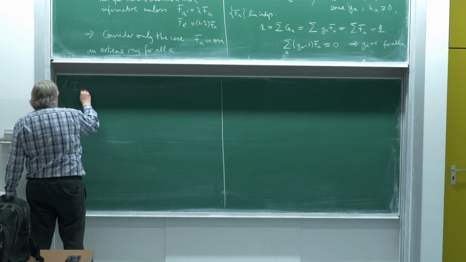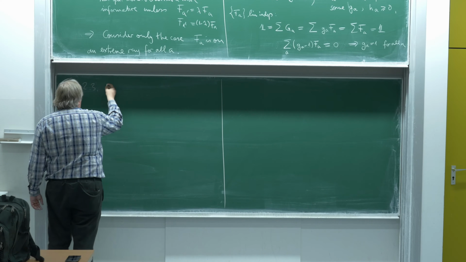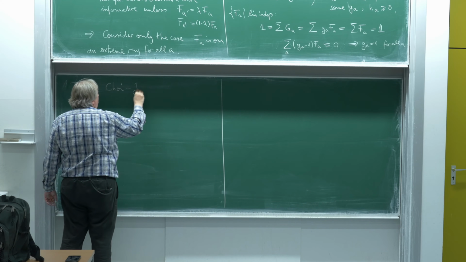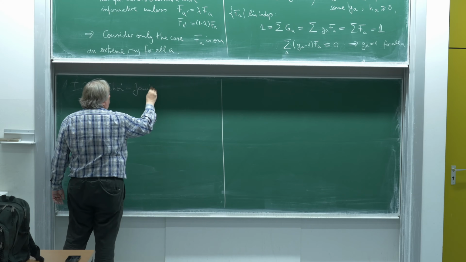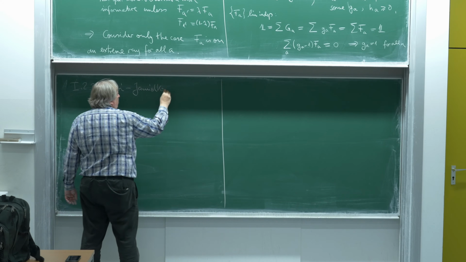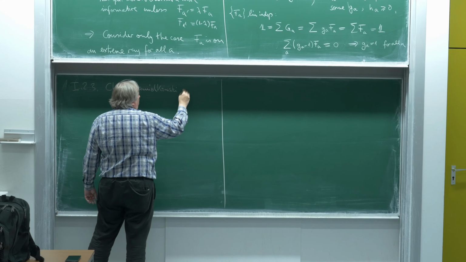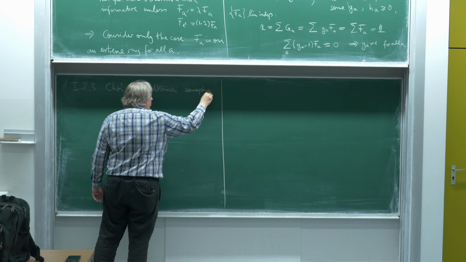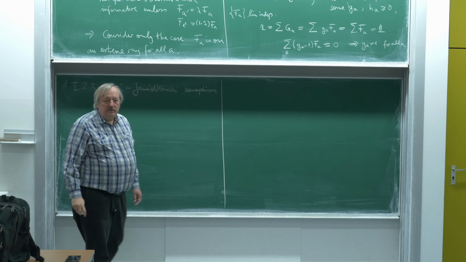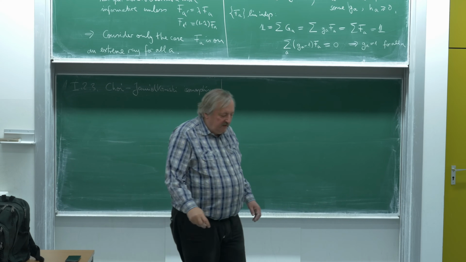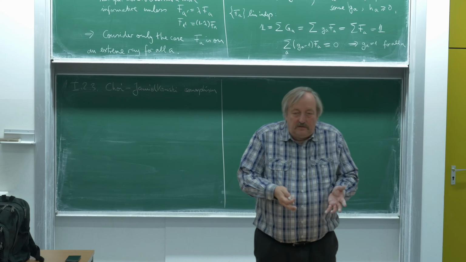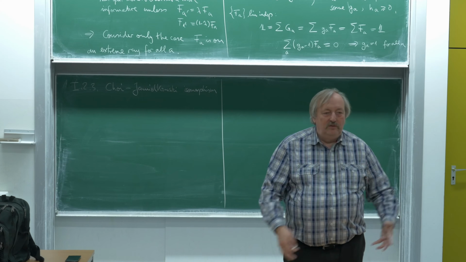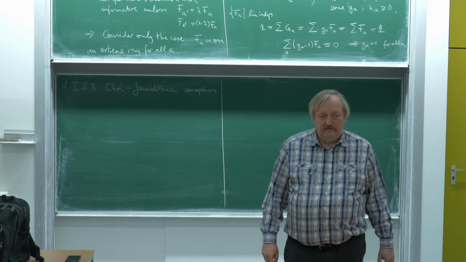This is named after Choi and the Polish guy, Jamiołkowski. Isomorphism. This will tell you that the cone of completely positive maps is just another one of those positive cones that we already looked at.